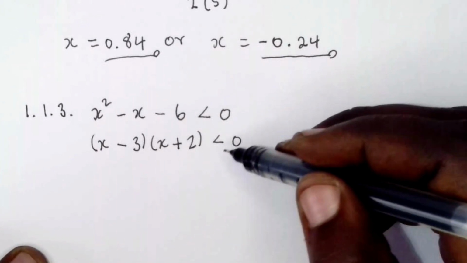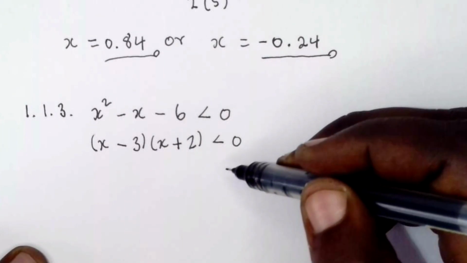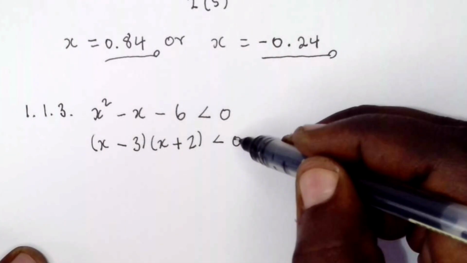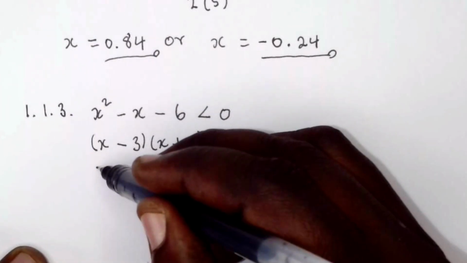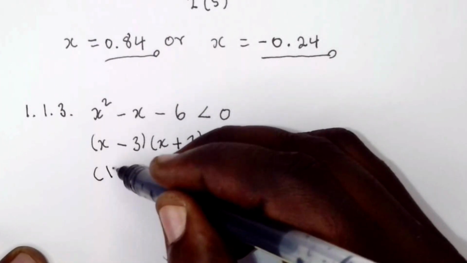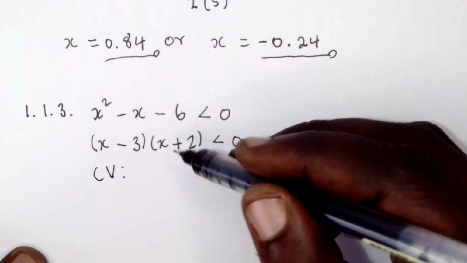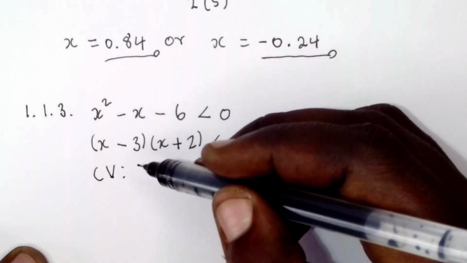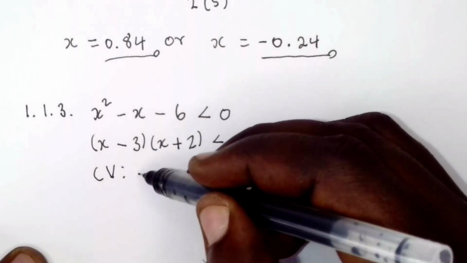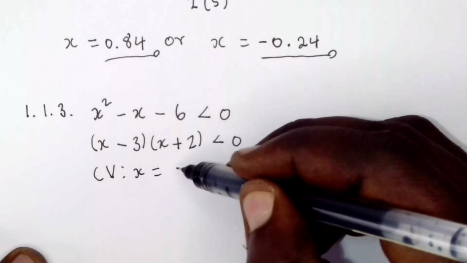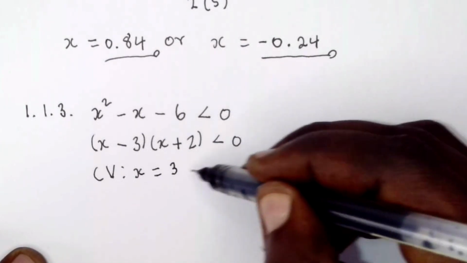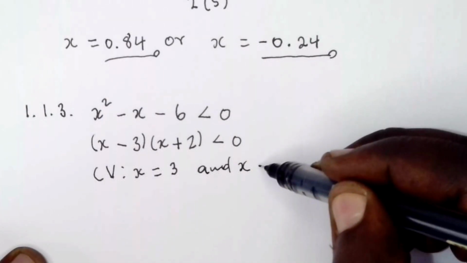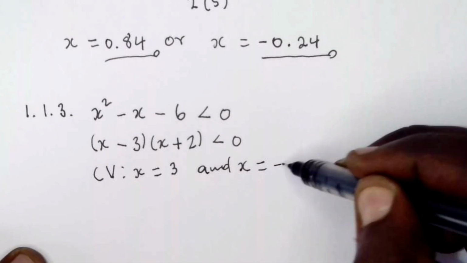Now, the next step is very important because learners make a mistake to think, oh, now I'm going to say x is less than, no. Now, we have these ones that we call critical values, where you say x is going to be assigned to +3 and x is going to be assigned to -2.